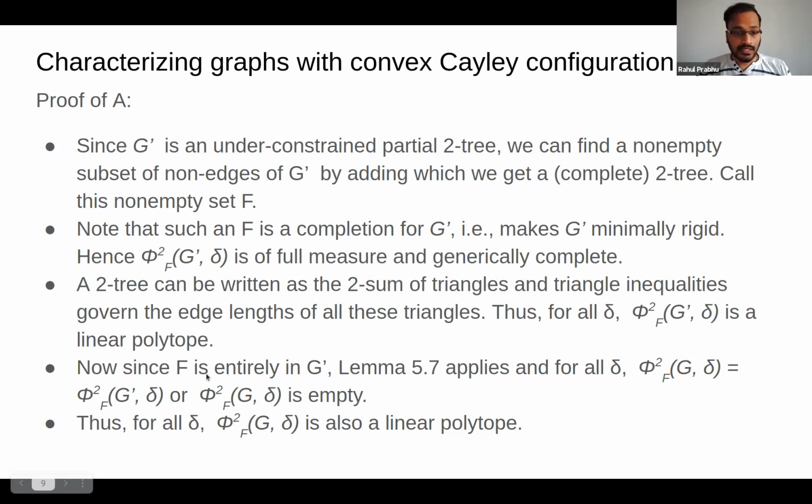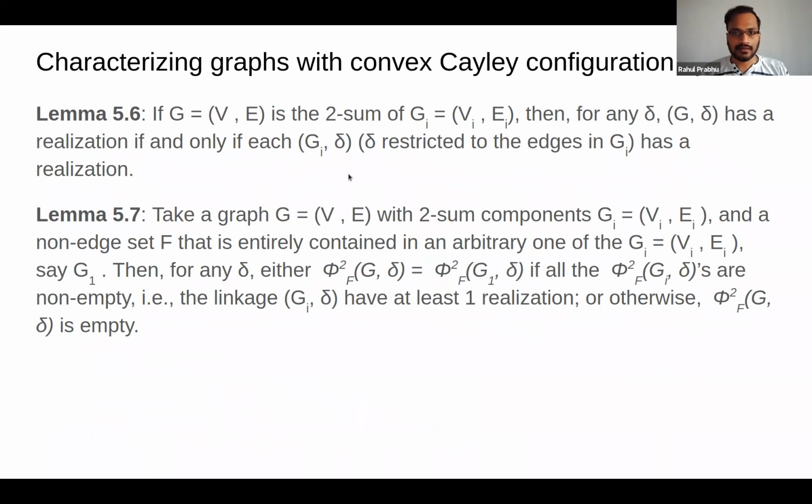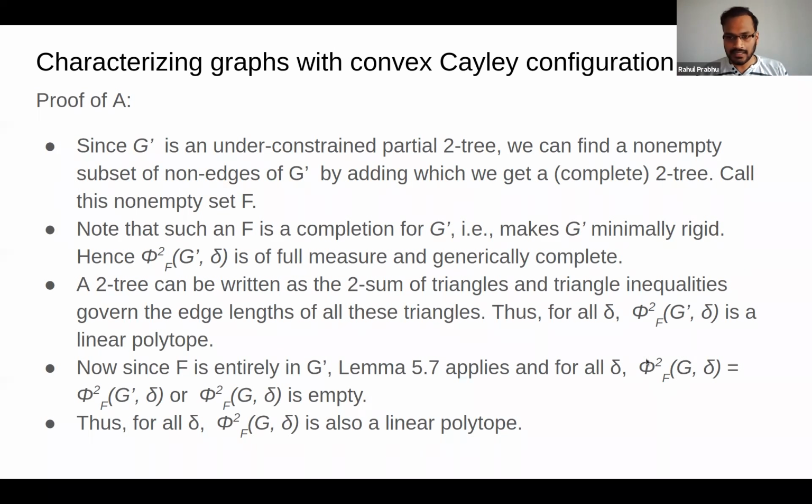Now, we assume that F is entirely in G dash. So we can use lemma 5.7 here, which said that if it's entirely in one of the two-sum components, the configuration space of the original graph is also the same thing.